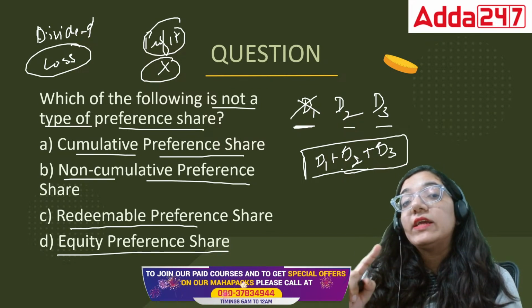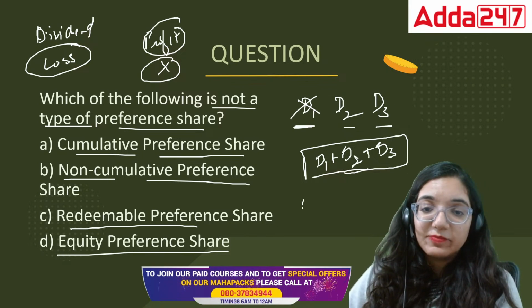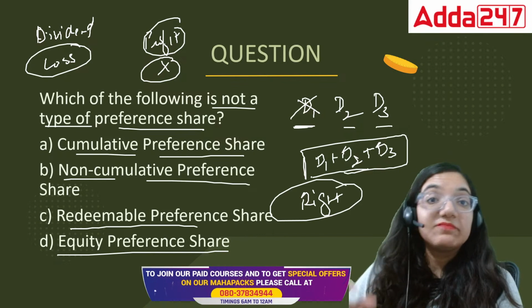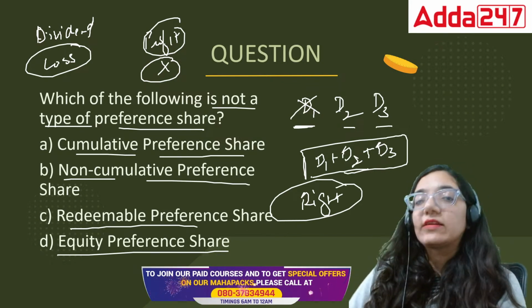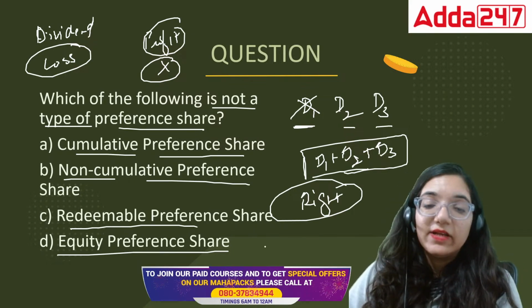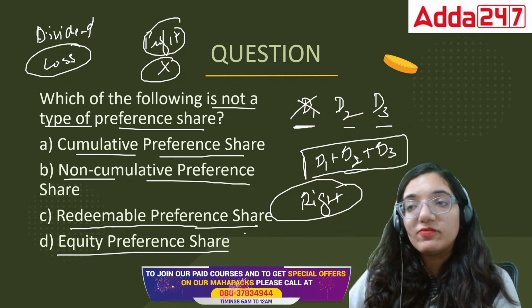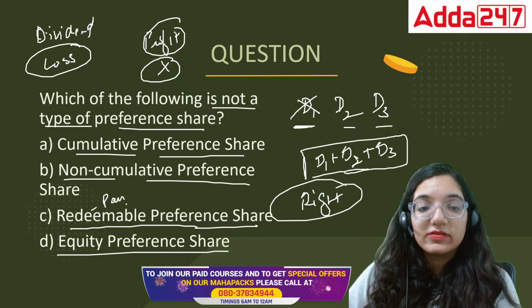Always remember, in terms of preference shares, we have a specific right to receive dividend. It's not something that is mandatory for the company. So cumulative means to collect or accumulate the dividend. Then we have it on the basis of redemption, that is redeemable and irredeemable. Redeemable preference shares are the ones which we are redeeming, for which we are making the payment.